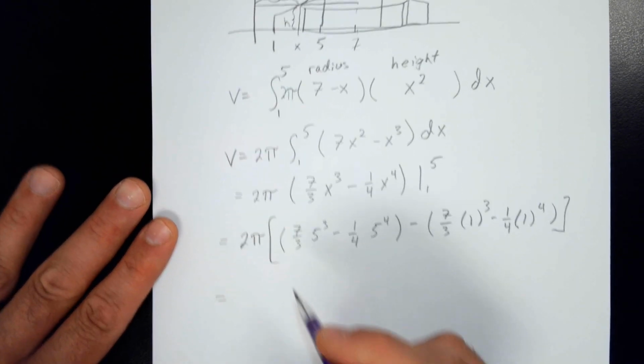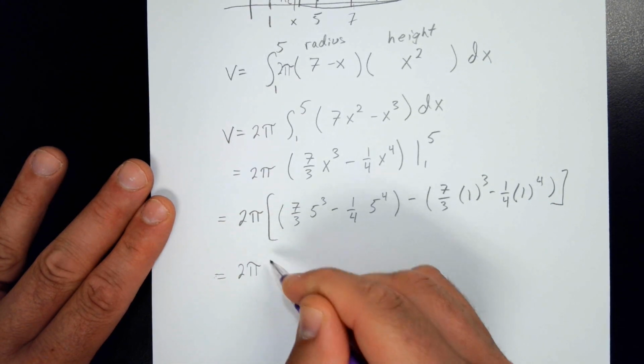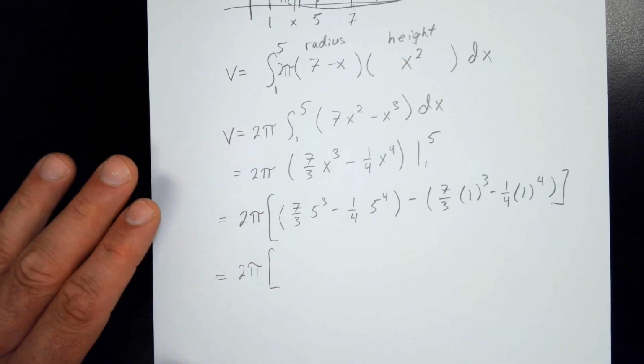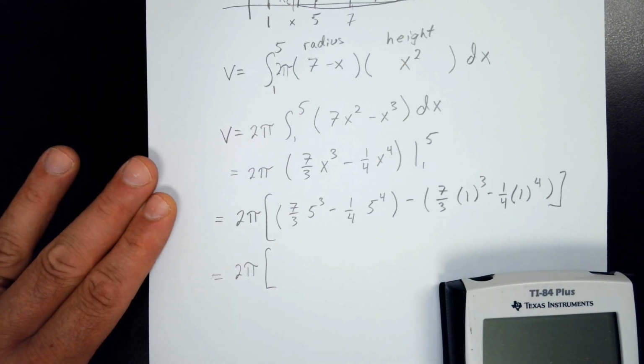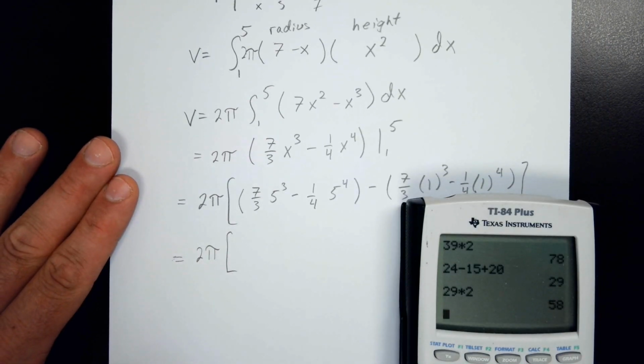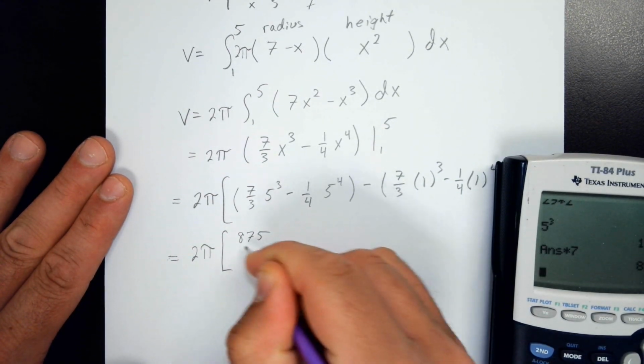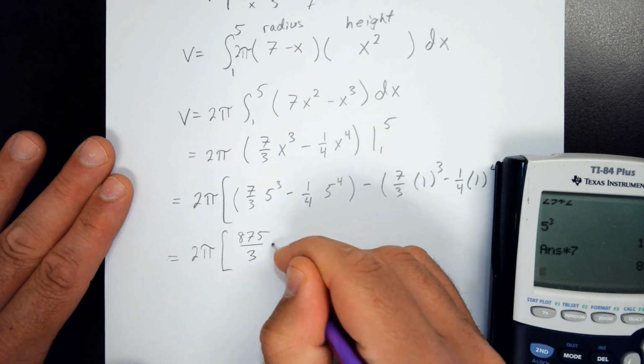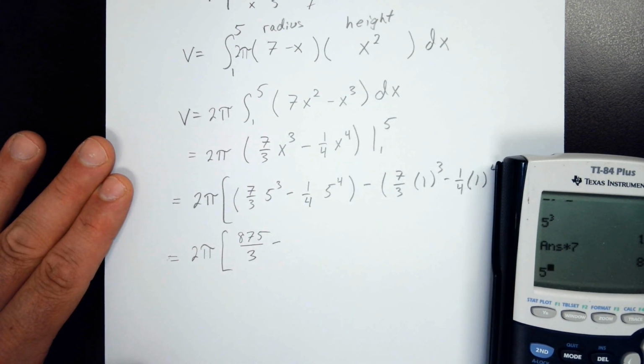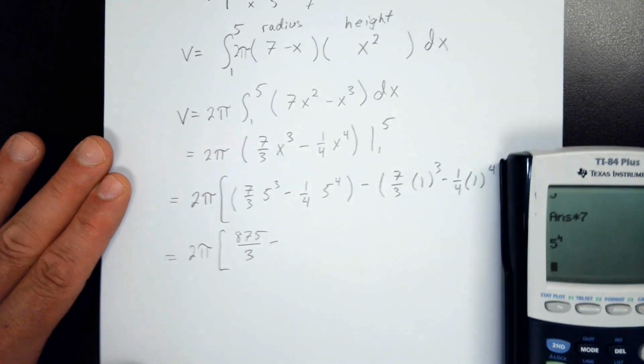Okay, so let's see what this ends up being. This is 2 pi. I'll probably use a calculator for some of these numbers. 5 cubed is 125 times 7 is 875. So this would be 875 over 3. 5 to the 4th is 625.